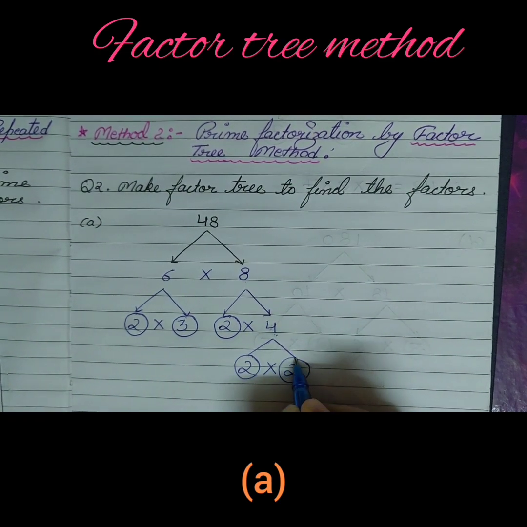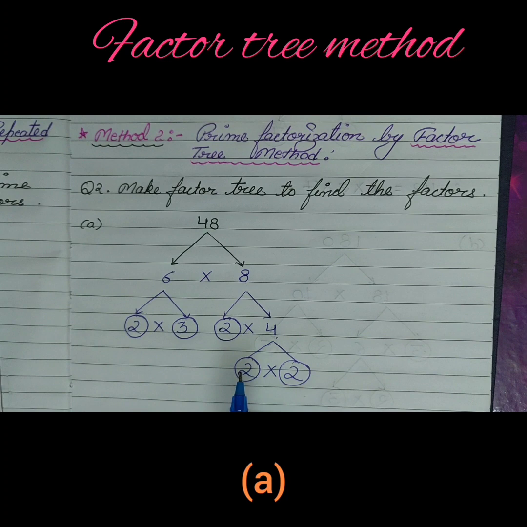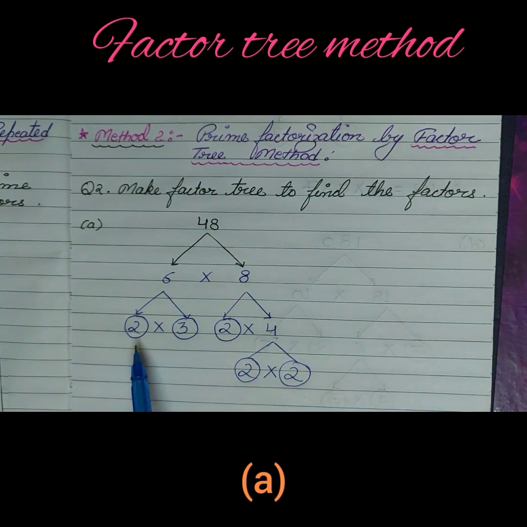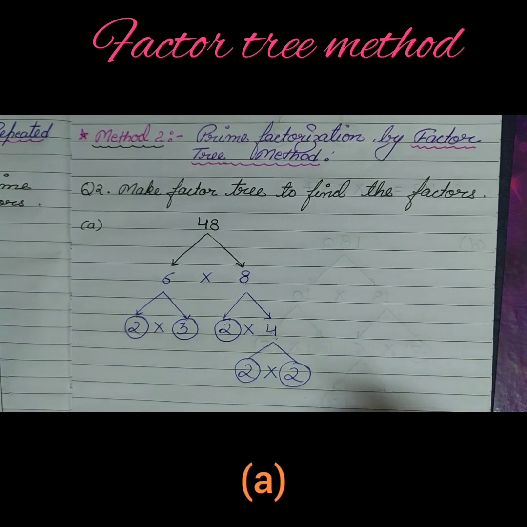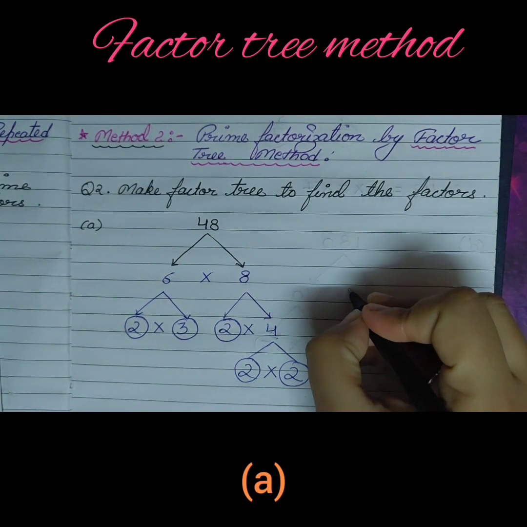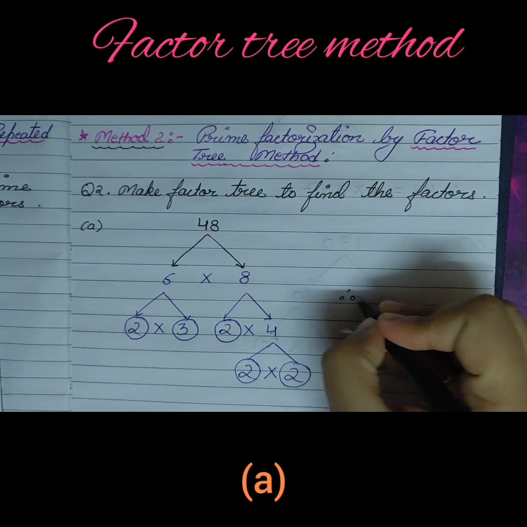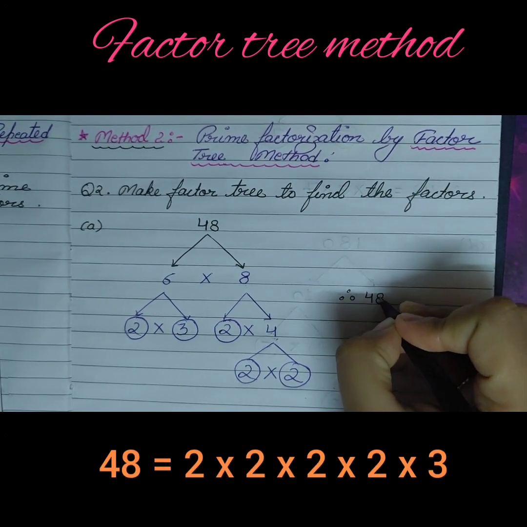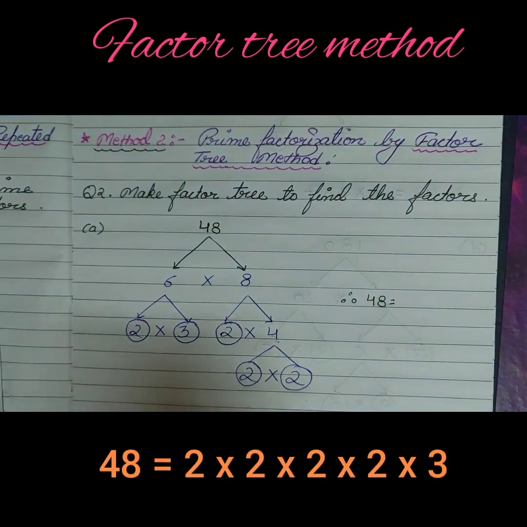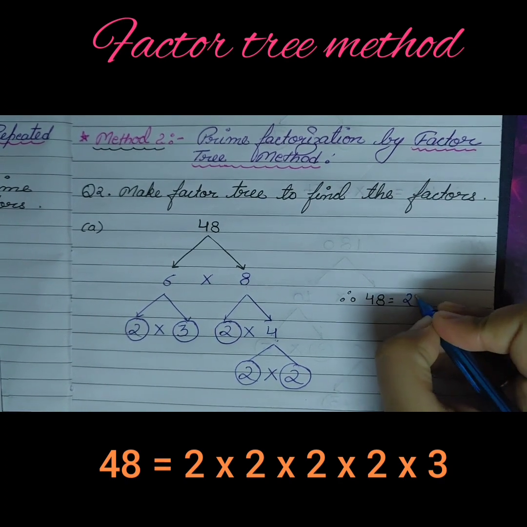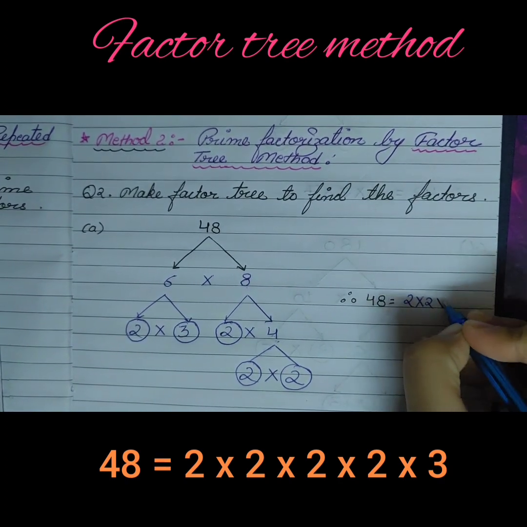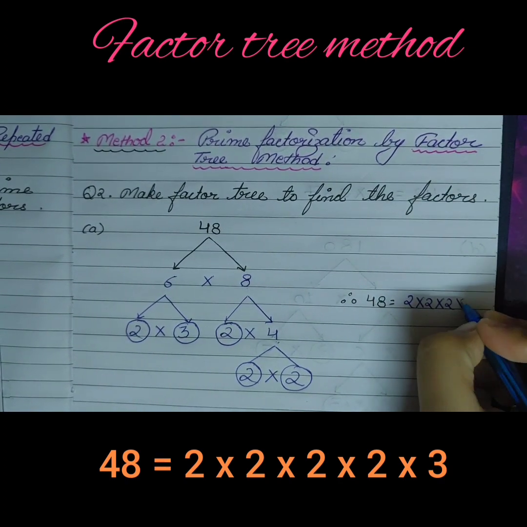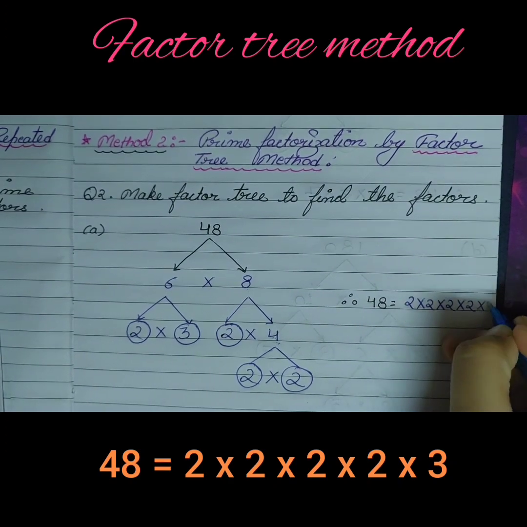Now look, all the factors we have got are prime numbers. Now arrange them in ascending order. Therefore, the prime factorization of 48 is 2 into 2 into 2 into 2 into 3.